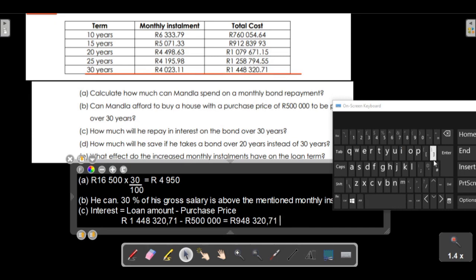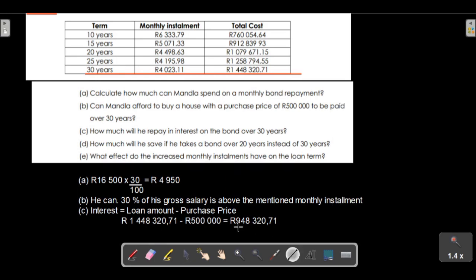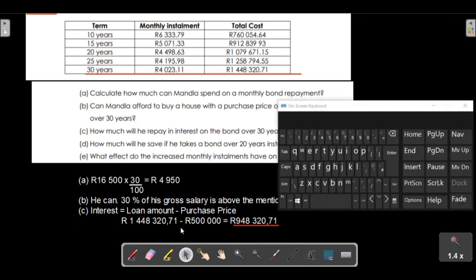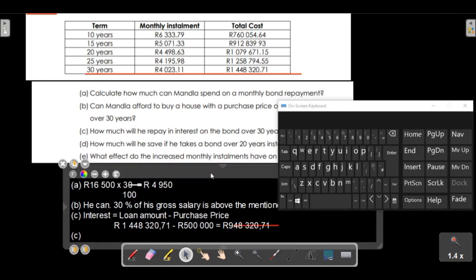Wow, that's a huge amount. This is what the banks have made as their profit from you. You're paying 948,000 back on top of what you borrowed. That's how they make money.